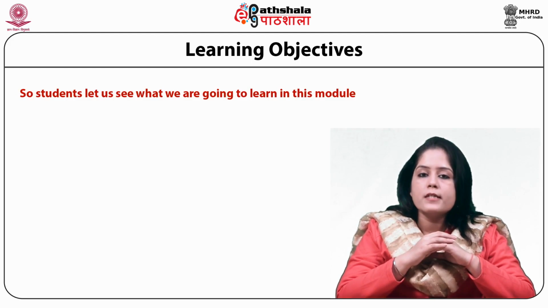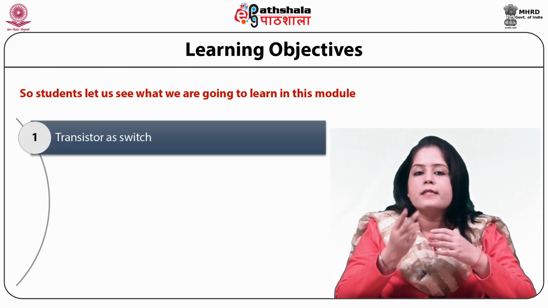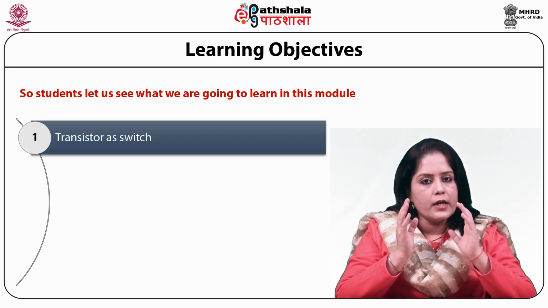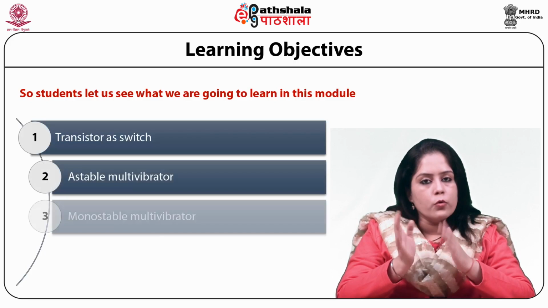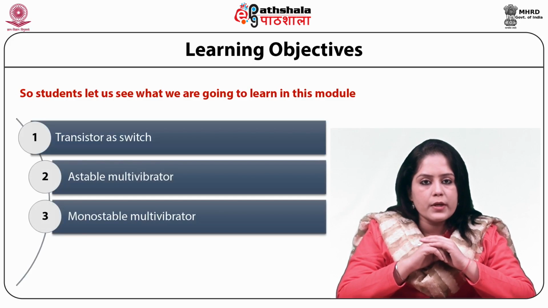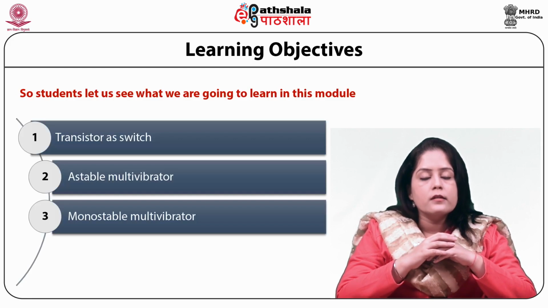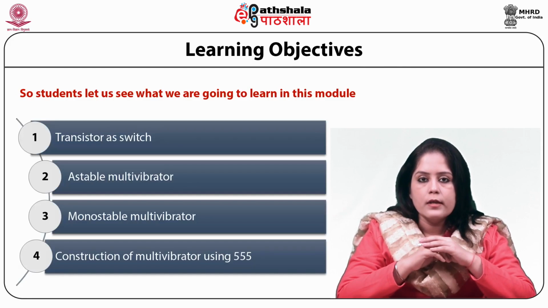First, we will study transistor as a switch. Second, we will study the two types of multivibrator, that is astable and monostable multivibrator. Lastly, we will study the construction of multivibrator using 555 IC.